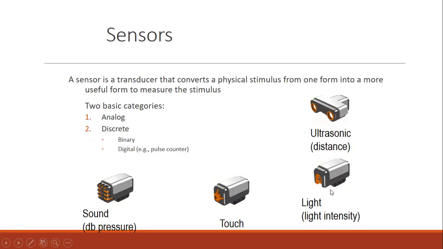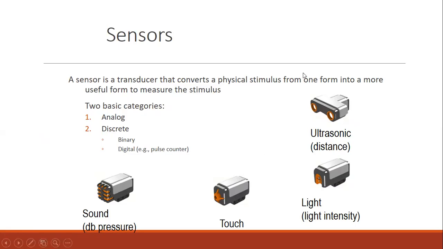The light sensor measures the light intensity. The ultrasonic sensor will measure the distance. If you want to measure touch, then you will use a touch sensor. The sound sensor measures pressure in dB.